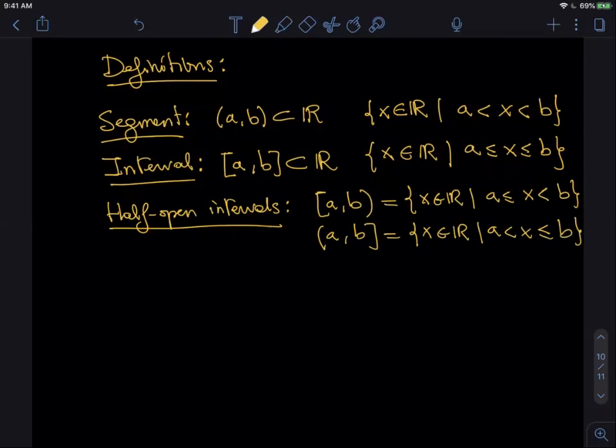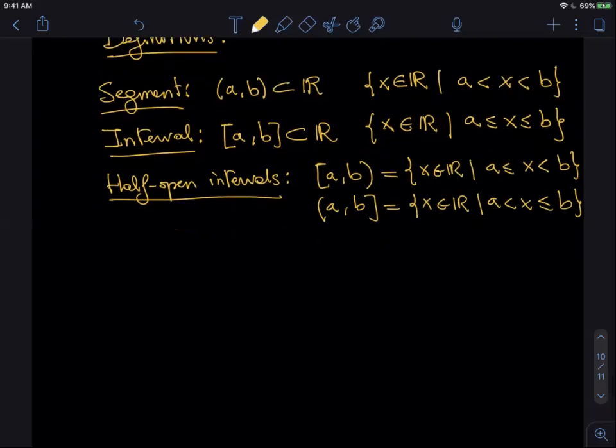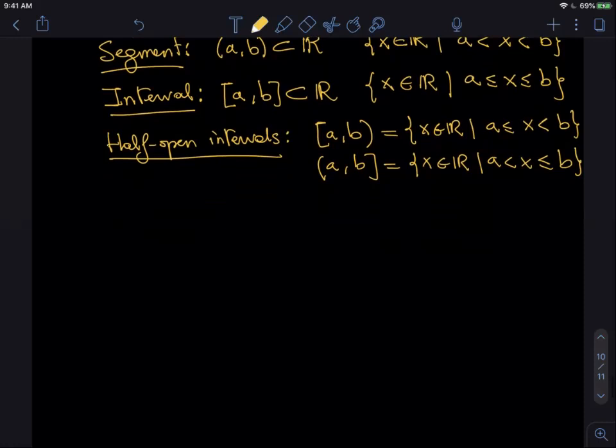So these are the half open intervals. Now, a segment is the way we understand continuity and all those notions in R, but then when we move to higher dimensions, the notion of segment is replaced by the notion of ball.